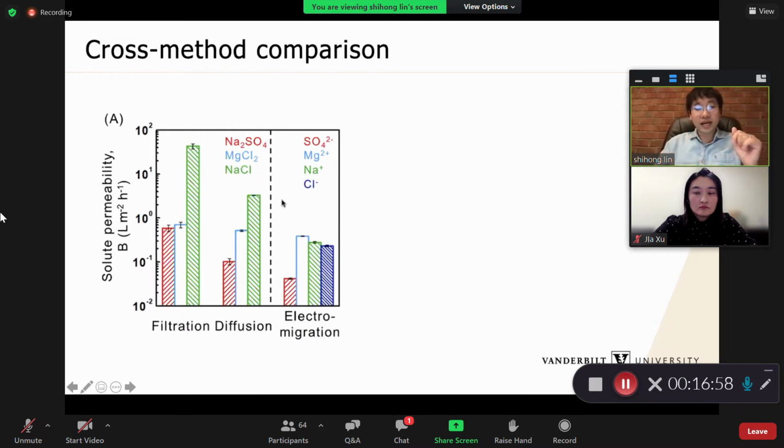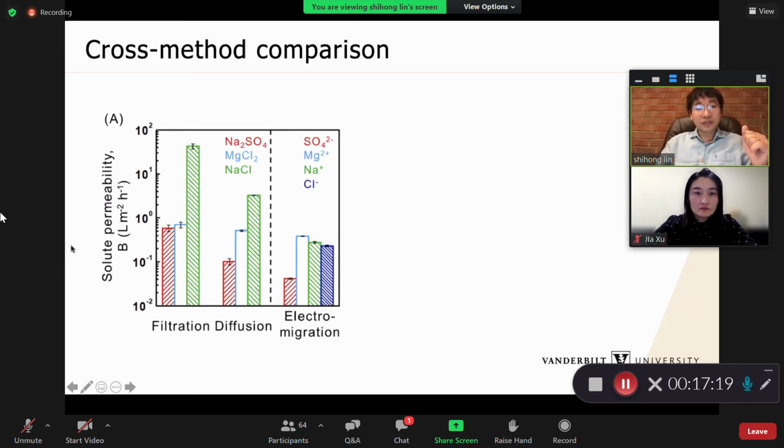So here we have a figure showing the solute permeability. This is the permeability through the active layer. Basically, for example in the diffusion experiment, we correct for the effect of concentration polarization, both internal and external.